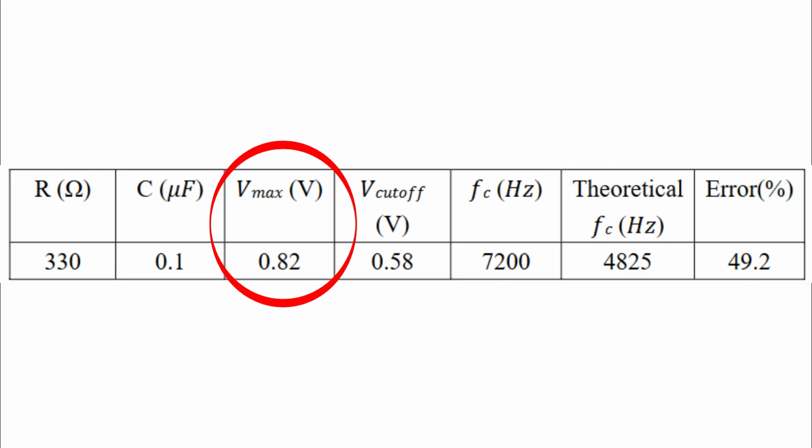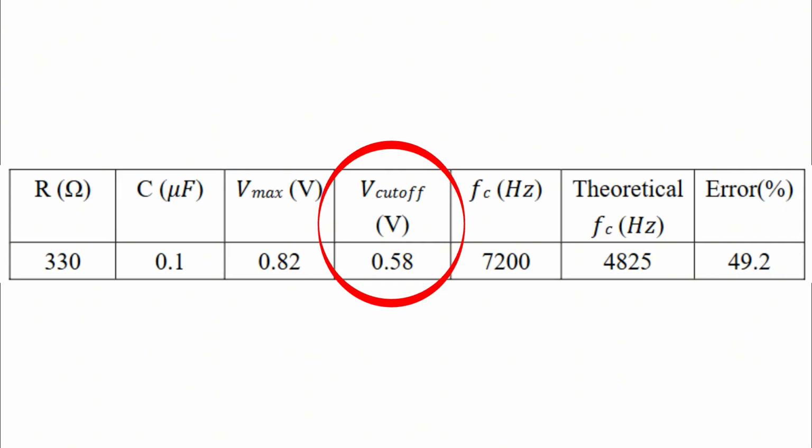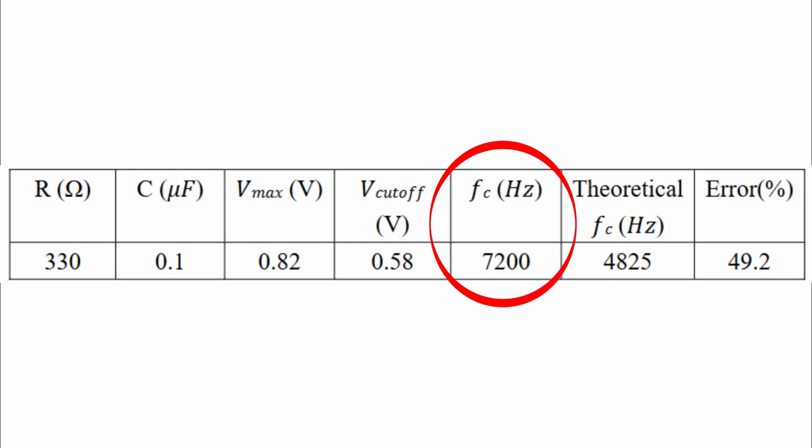The maximum output voltage measured in this experiment was approximately 0.82 volts. At the cutoff point, the output voltage dropped to about 0.58 volts, corresponding to roughly 70.7% of the maximum amplitude. Based on this criterion, the experimentally determined cutoff frequency was approximately 7,200 Hz.